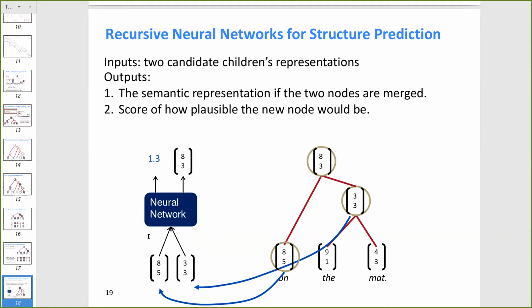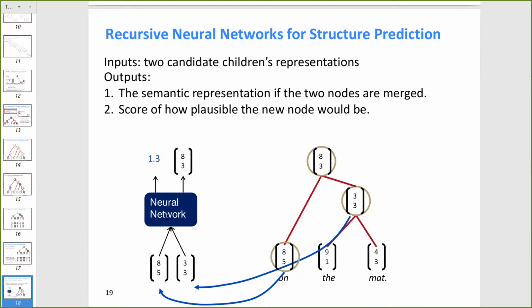And what happens if we try to visualize that as a neural network, we have 8.5 and 3.3 here. 8.5 is the word representation for the word "on". 3.3 is the representation that we got by merging two words, "the mat".